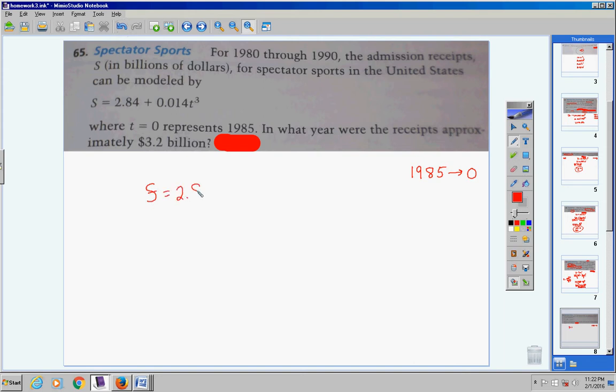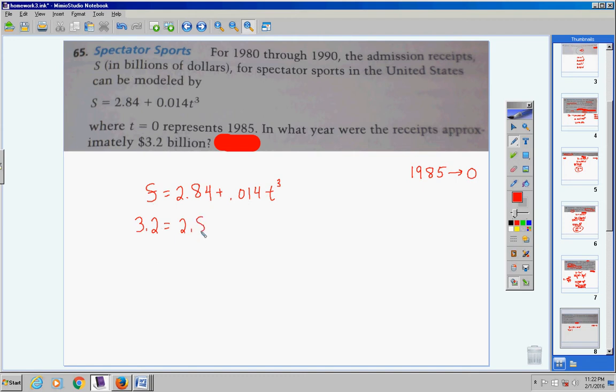S equals 2.84 plus 0.014 t cubed. Now watch. In what year were the receipts approximately 3.2 billion? So we're looking for time, are we not? Now, S is already in billions, so I'm just going to put 3.2.